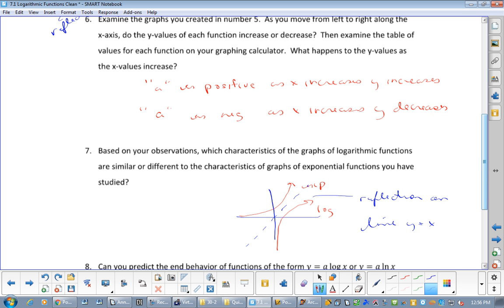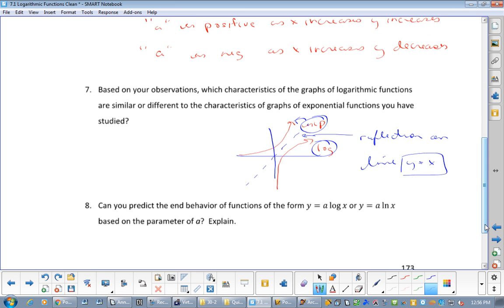That's where x equals y, the y equals x line right here. This is an exponential here. This is a log function here. So these two graphs are always reflections across the line y equals x.